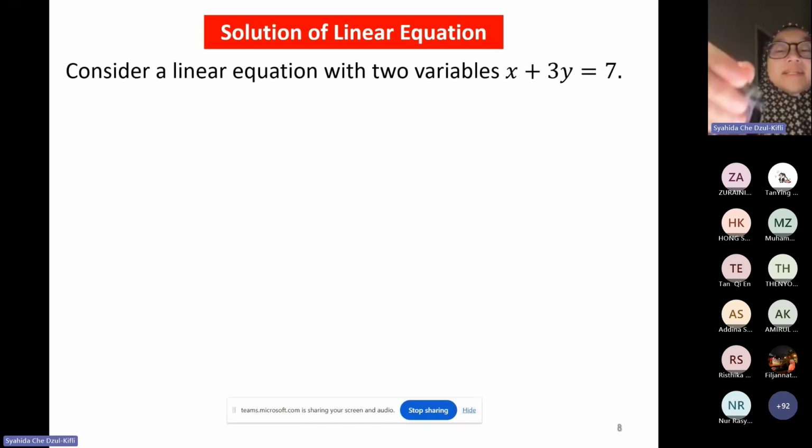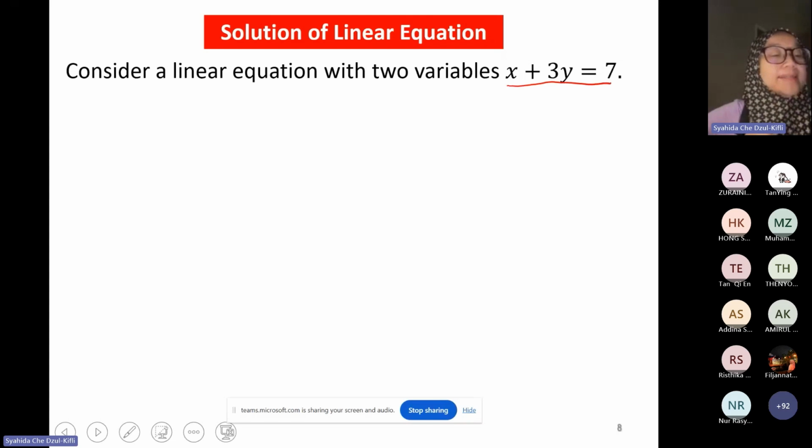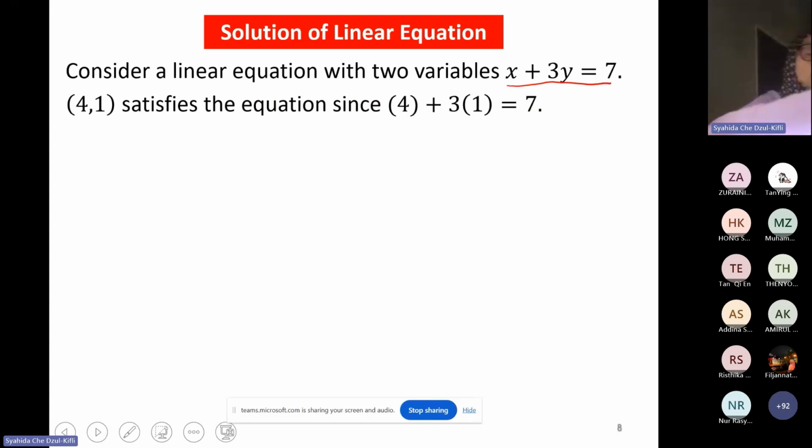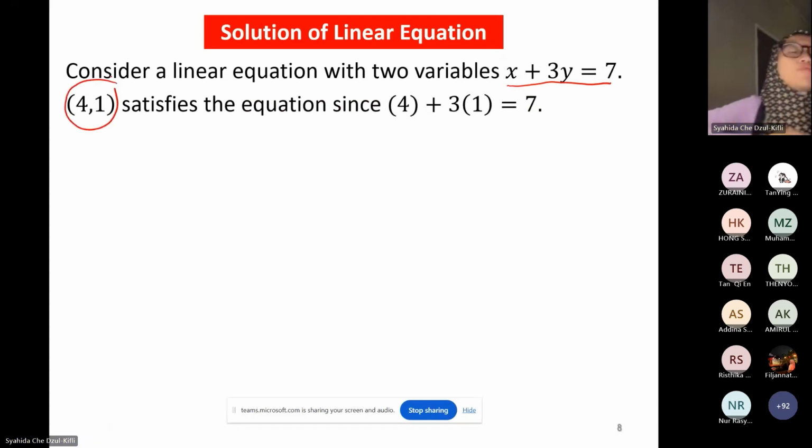Let us consider (4, 1), which is a point in R squared.